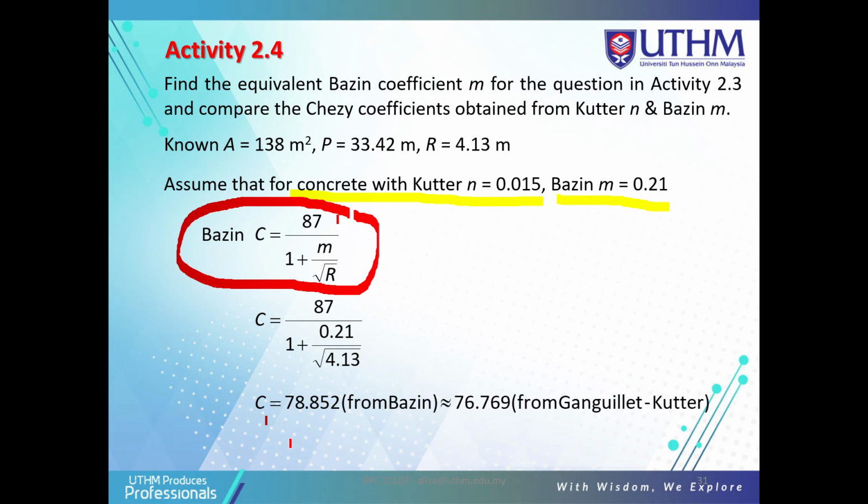In your final or your test, they will ask you which formula to use to get the C. If not mentioned, use Kutter or Bazin. If the value of C is not given, you must find it from the Bazin formula or the Ganguillet-Kutter formula.